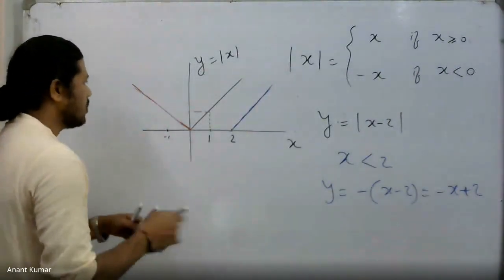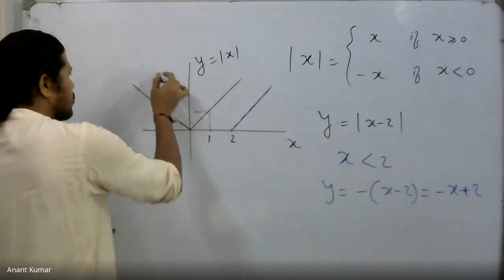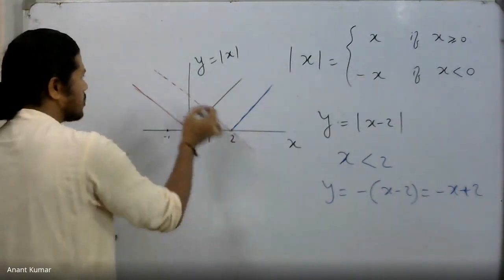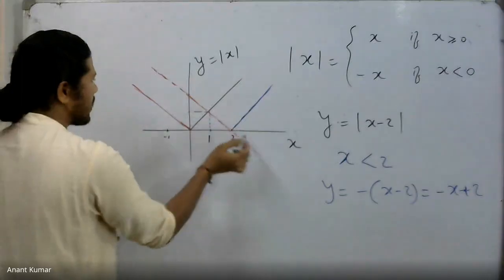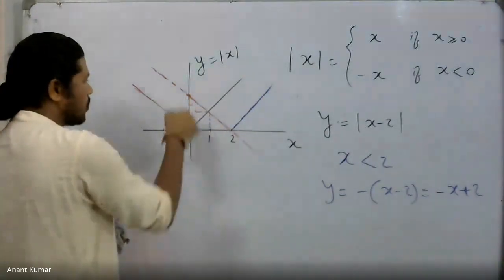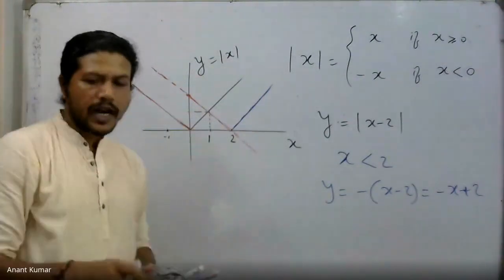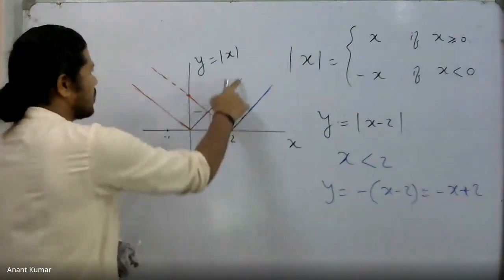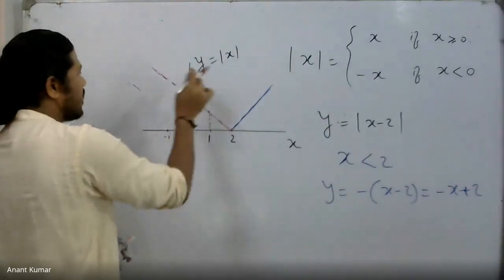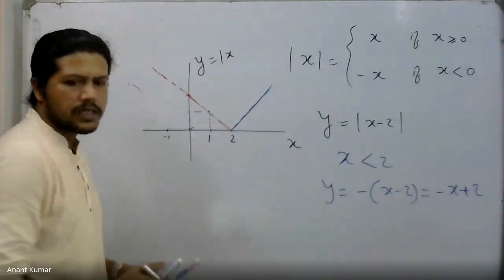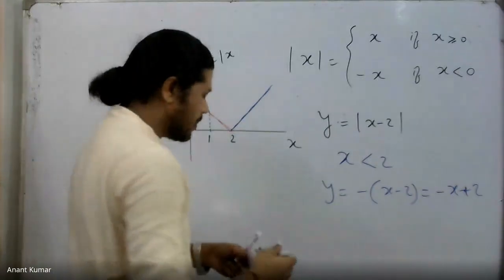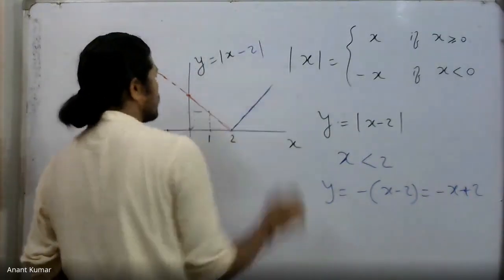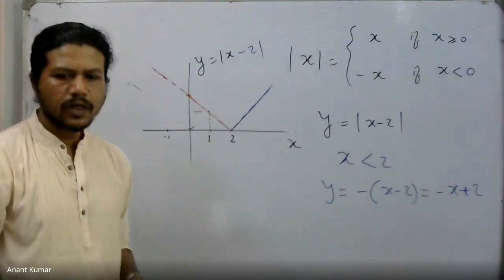So that should have gone in this fashion. There is 2 over there. It should have gone like this. The slope is minus 1, and the y-intercept is 2 units over there. However, I require only that part which lies on the left. Therefore, I remove this portion over there, and I'm left with again a V-shaped curve, but slightly shifted. It is going to be a V-shaped curve shifted to the point x equal to 2. Is it okay?